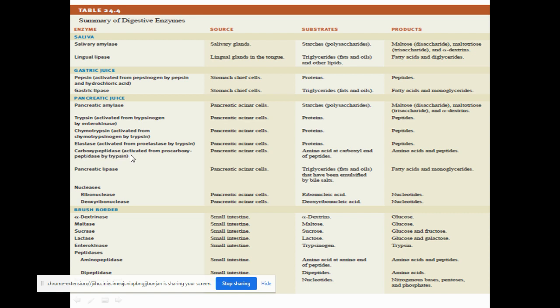Okay, so this will act upon the amino acids present in the terminal ends, especially the carboxy terminal end of the peptide. The action of pepsin, trypsin, chymotrypsin will cleave the protein into individual fragments, but the carboxypeptidase secreted in the pancreatic juice will act upon the terminal amino acids and cleave them one by one from the carboxy terminal end. So the result is individual amino acids and peptides are released.